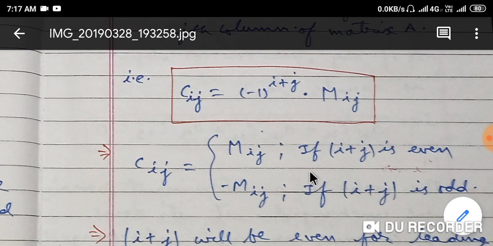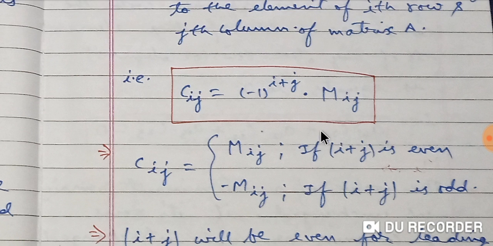If I plus j is even, then the value will be 1, because an even power of minus 1 is 1. So in this case, if I plus j is even, we get a positive minor, Mij, and if I plus j is odd, we get a minus sign.